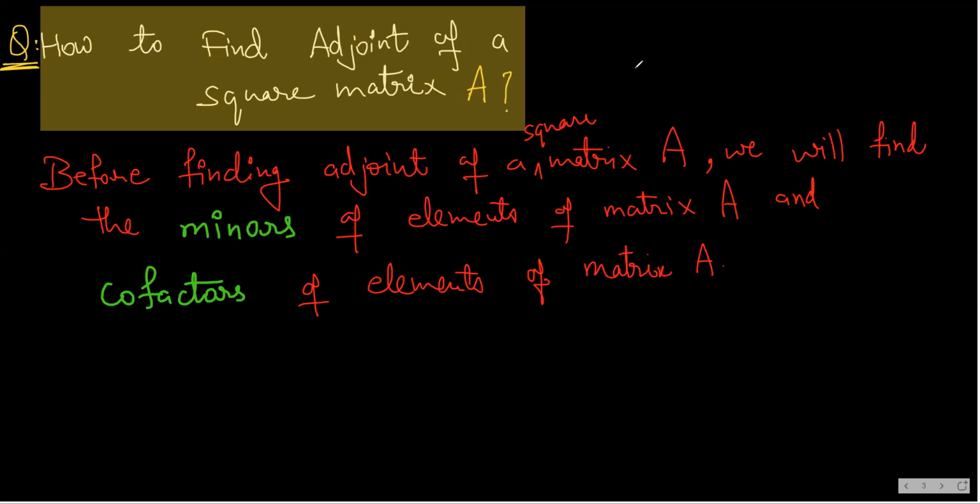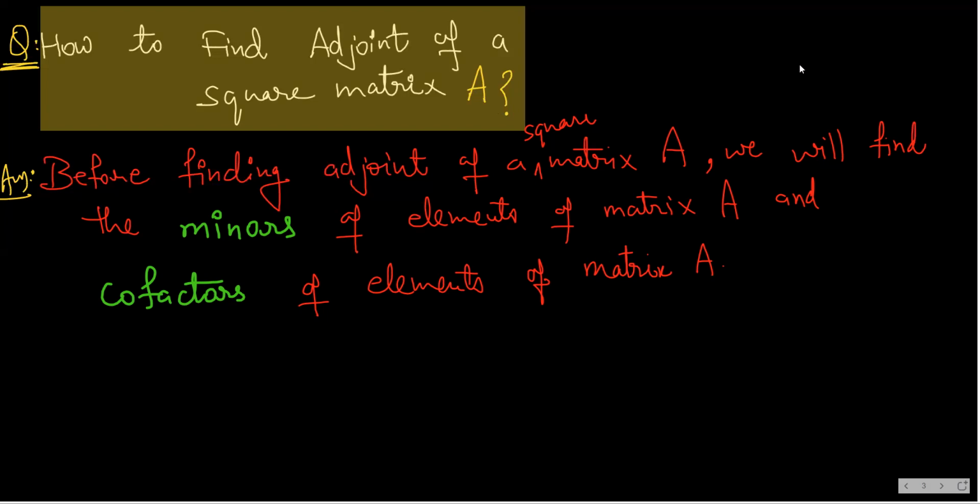Suppose this is a question to you: how to find adjoint of a square matrix A? So the answer you will write: before finding adjoint of a square matrix A, we will find minors of elements of matrix A and cofactors of elements of matrix A.